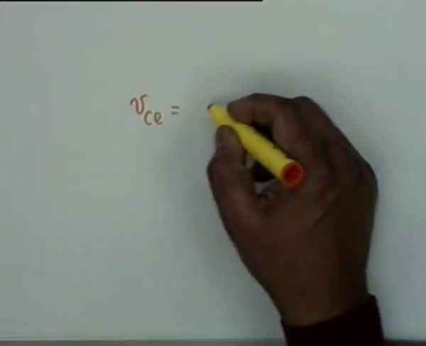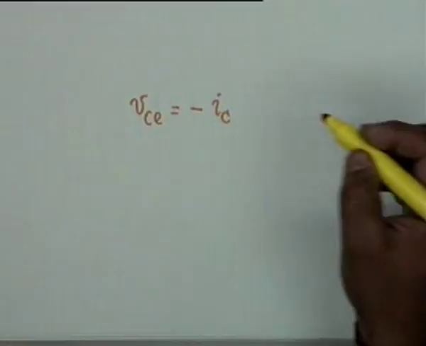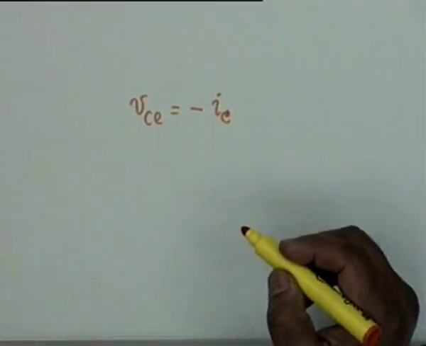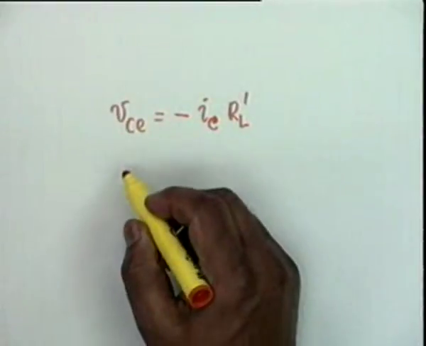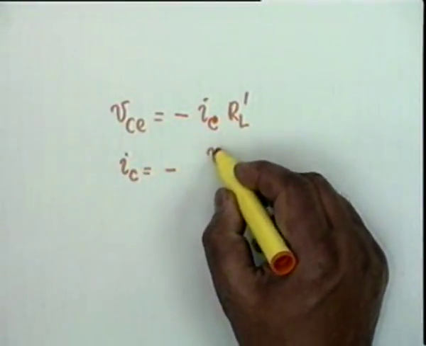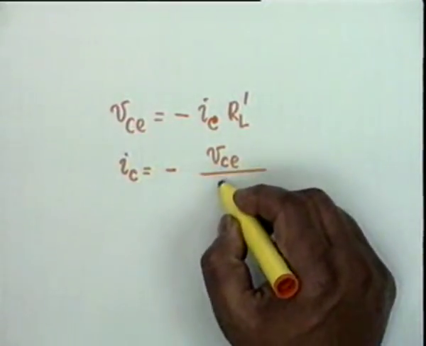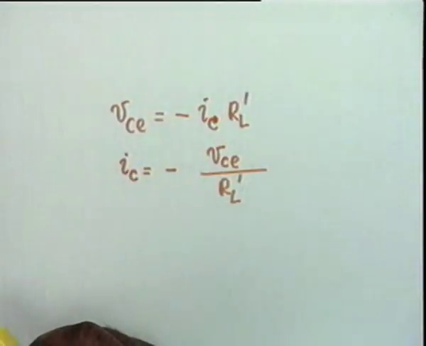We have already seen that the AC load line is vce equal to minus ic (small c) RL prime. I can write this as ic equal to minus vce divided by RL prime. So, you said vce is the increment. Could you please repeat that?